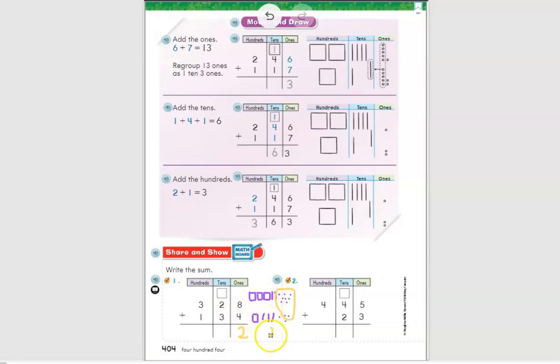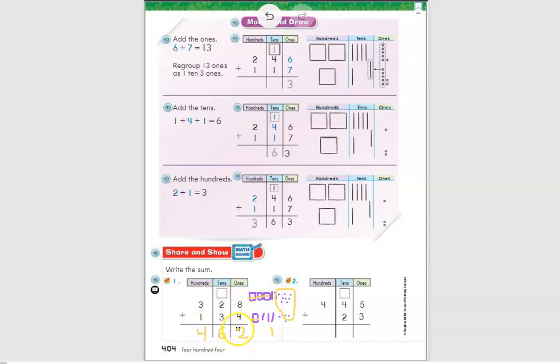Now I'm ready to add my tens. I have my 2 tens plus my 3 tens, which is 5 tens, which means the value is 50. But now I have that extra 10 that I had to regroup and bring over here. So now I have 6 tens, which is 60. And now I'm ready to add my hundreds. 3 and 1 is 4.